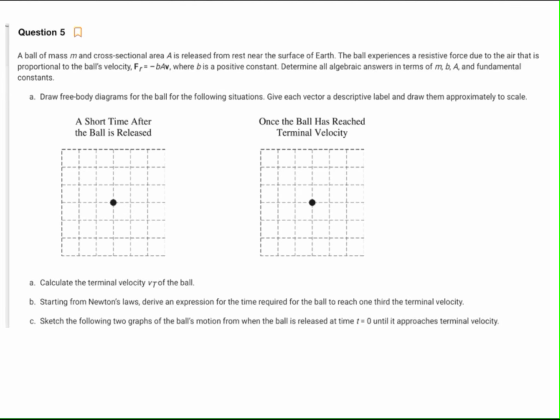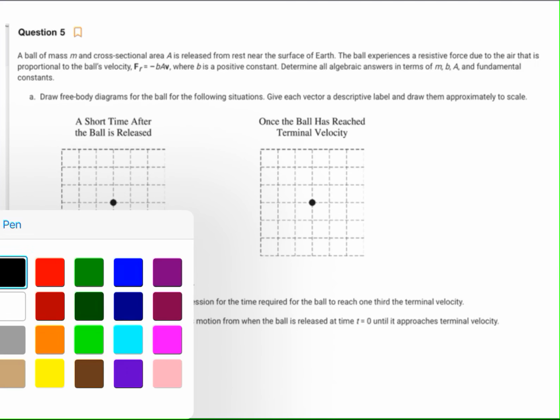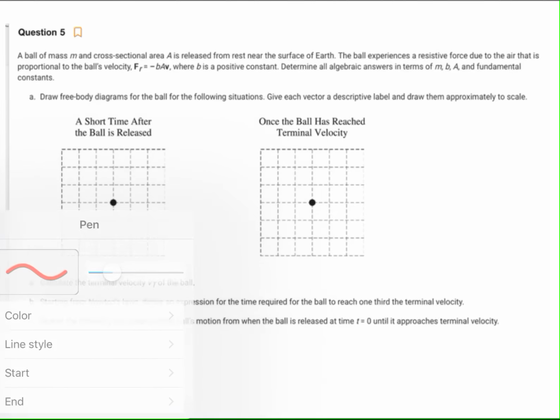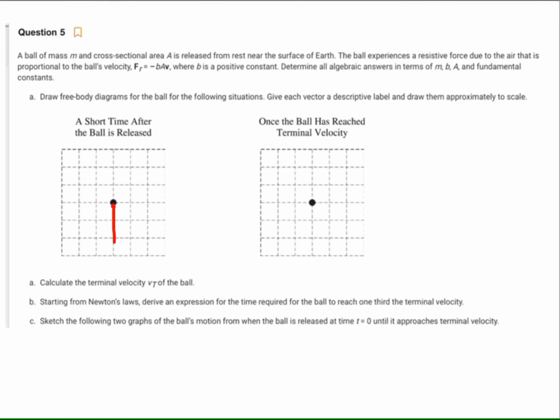Okay, these number 5 and 6 got thrown in here. I guess I should have probably done this in a slightly different order, but it is what it is. So this guy is Fg, this is Fr. So if we have force of gravity that's downwards, and Fr, which is based on negative bv, shortly after it left, v is very small, so this would be very small, and it's obviously in the opposing direction of the force of gravity.